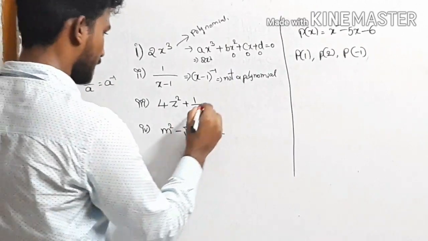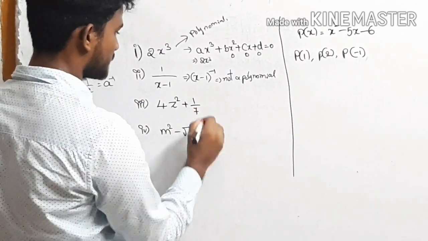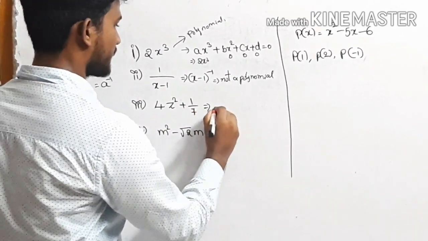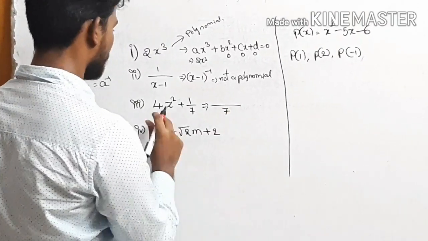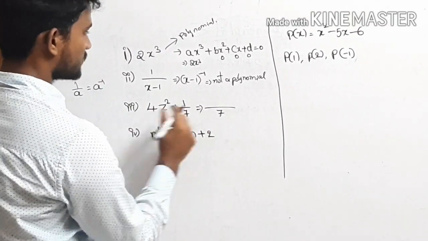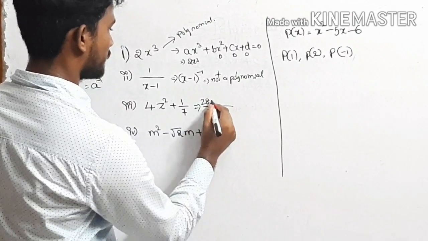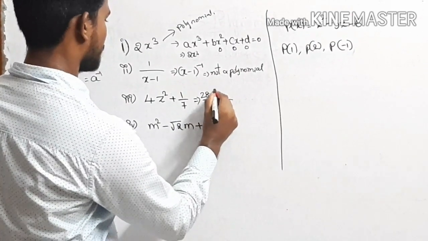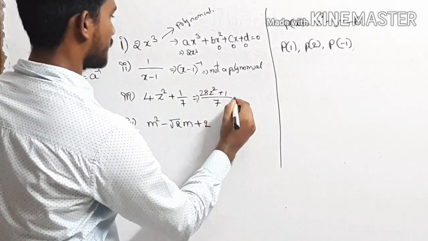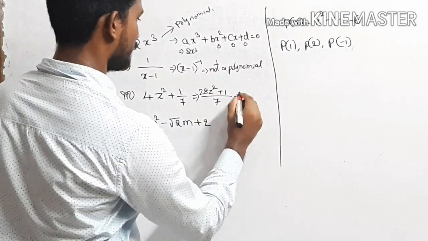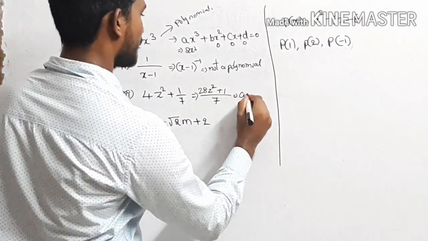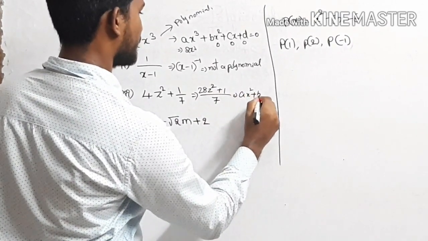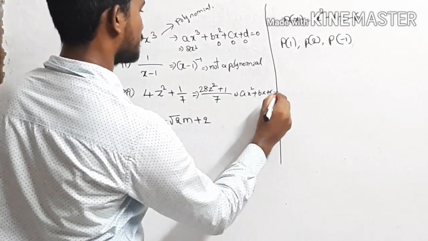For this one, 4z square plus 1 by 7, take LCM as 7. 7 fours are 28, so 28z square plus 1 over 7. It is in the form of ax square plus bx plus c, with b equal to 0.